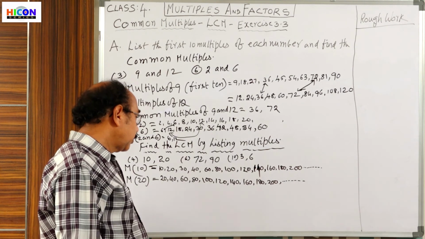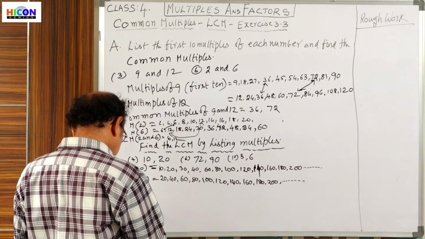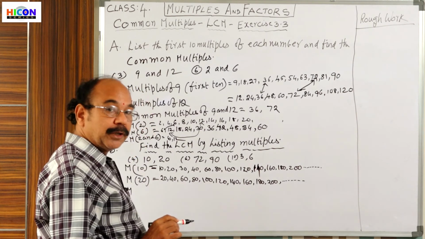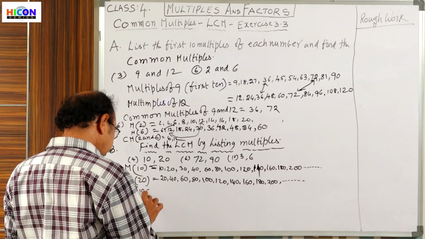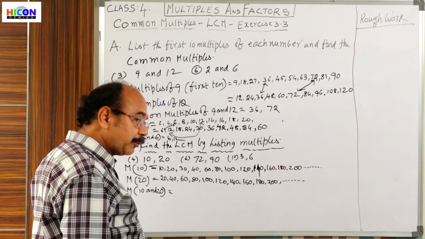Now you select the common multiple. CM stands for common multiple, C for common. Common multiples of 10 and 20. What are the common multiples?